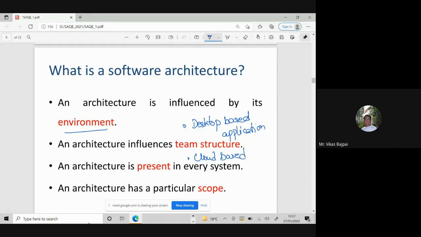This time my architecture will be a different one. The architecture for a desktop-based application will be a simpler one, but for cloud-based it would be different. So that's a major difference.